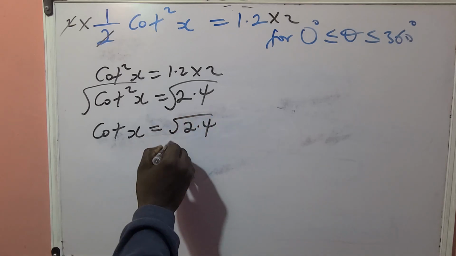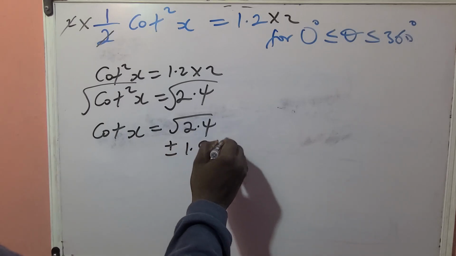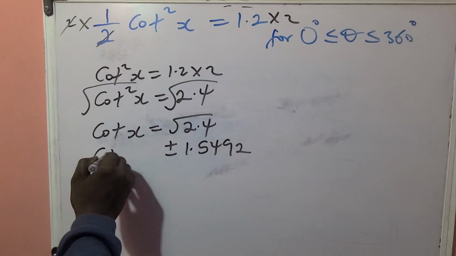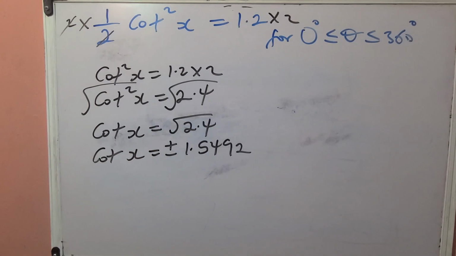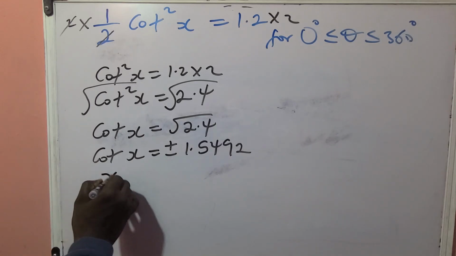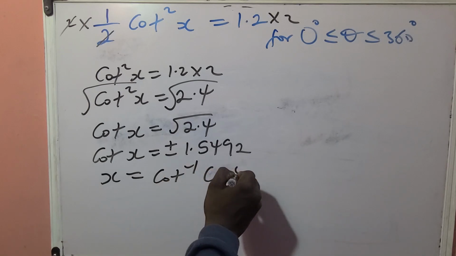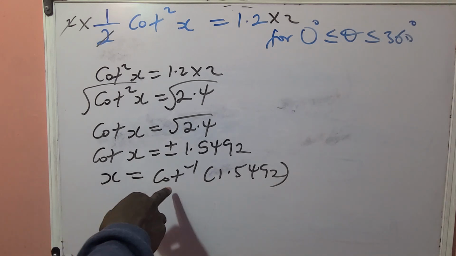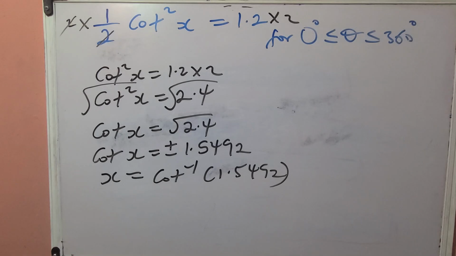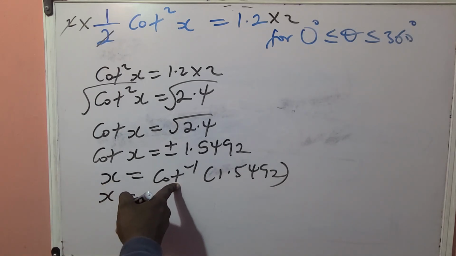And the square root of 2.4 is plus or minus 1.5492. Now, this is a scenario where if you wanted to use a calculator, it's almost impossible, because you'll be having to say x equals arccot 1.5492, and you won't be able to find an arccot function on your calculator. So to find your x value, you have to find the reciprocal of this.